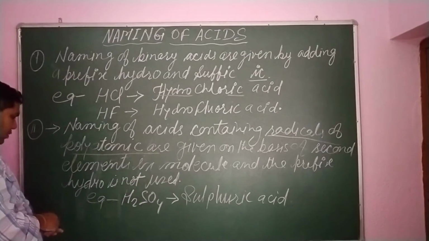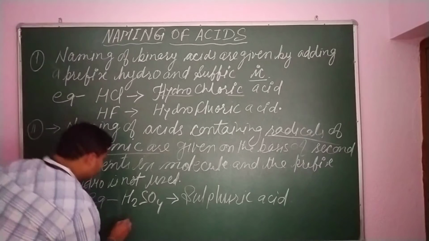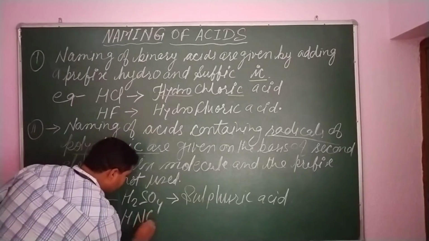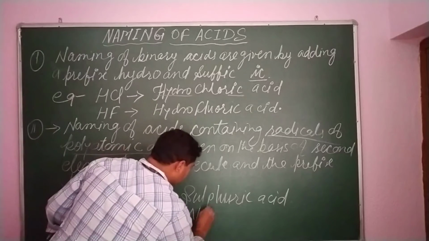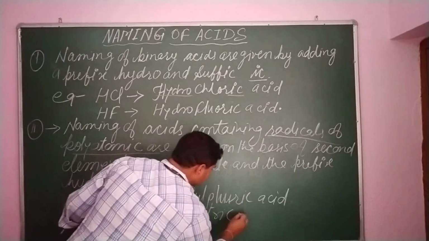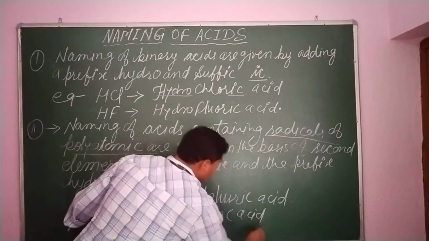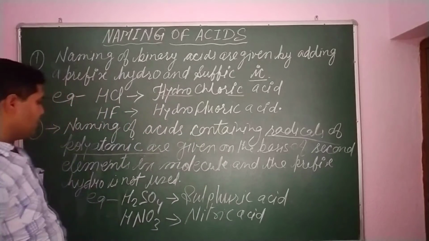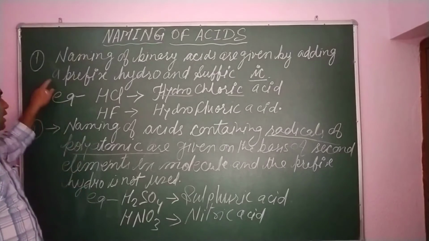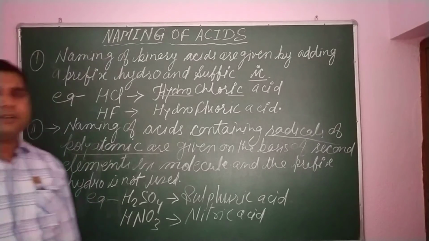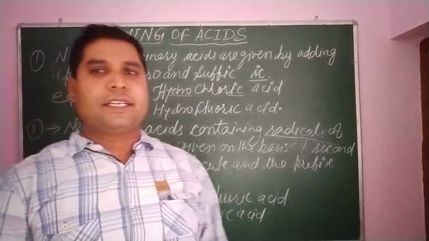Let us see one more example. HNO3, known as nitric acid. So dear student, these are the two methods to name the acid.